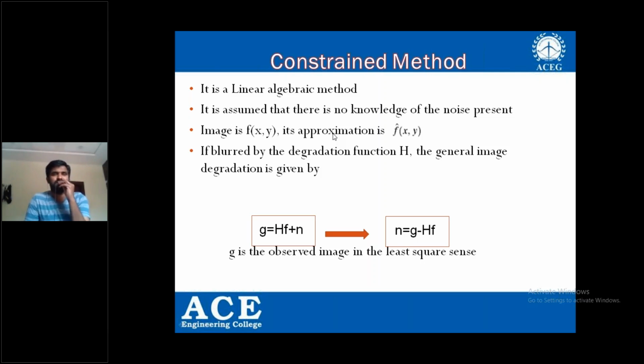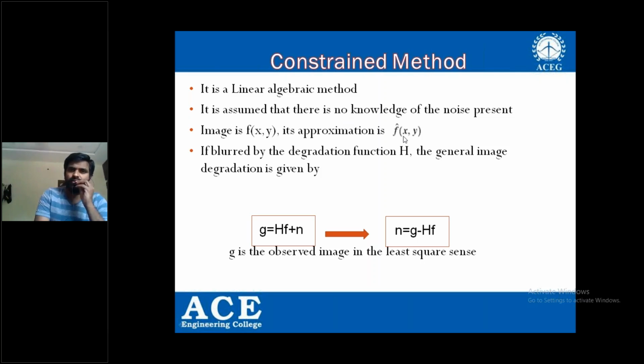That is, we assume them as matrices and we simply take matrix multiplication in this method, just matrix multiplication. In the constrained method, ultimately we are going to take some constraint. Here it is assumed that there is no knowledge of noise. So whether the noise is present or not is not required.